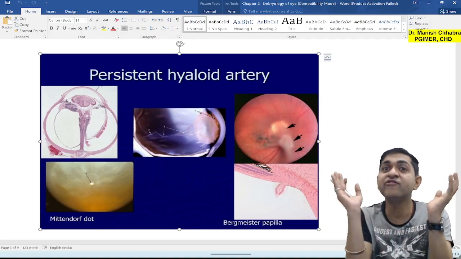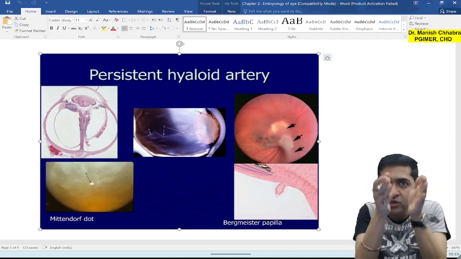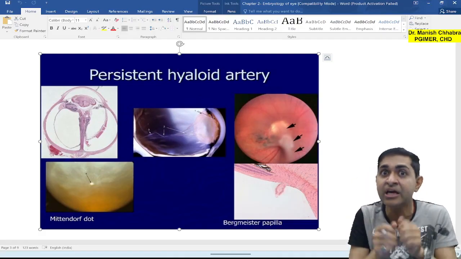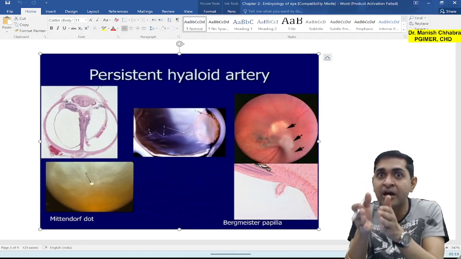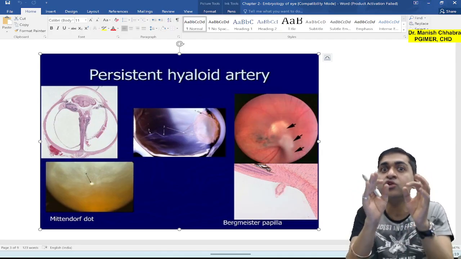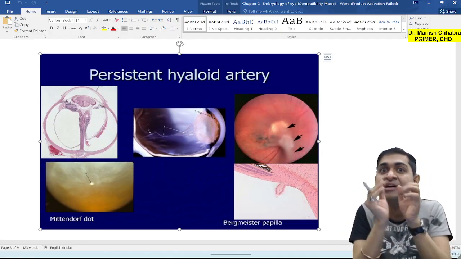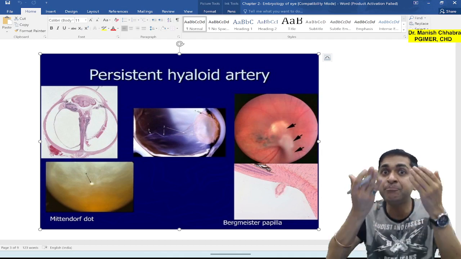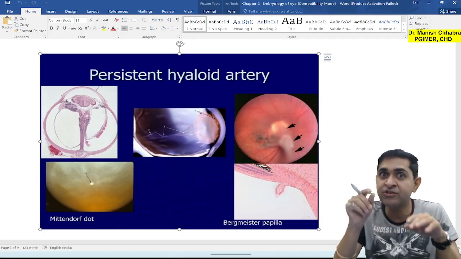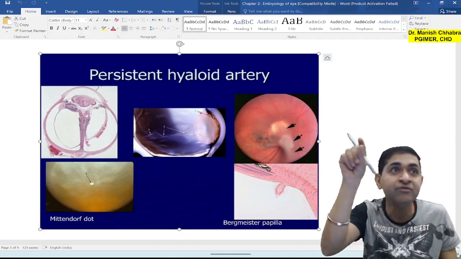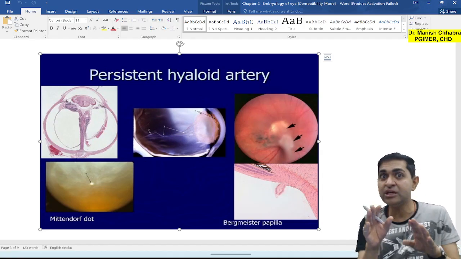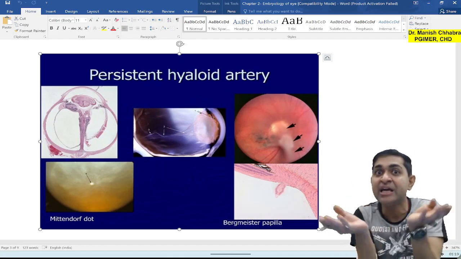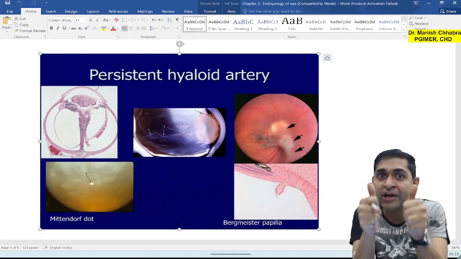Volitans means flying. Because of the incomplete resorption of hyaloid artery, the parts of the hyaloid artery which are left are going to cast a shadow on the retina. Now this shadow will be appreciated by the patient as if there is some fly flying in the visual field, when actually it is not in the external visual field, it is the shadow of the incompletely resorbed hyaloid artery.